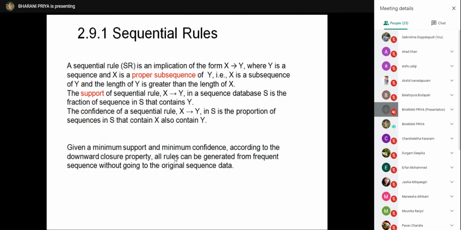Given a minimum support and minimum confidence, according to the downward closure property, all the rules can generate these frequent sequences without going to the original sequence. That means you are checking the minimum support and minimum confidence according to the downward closure property, because you have subsequence and sequence.